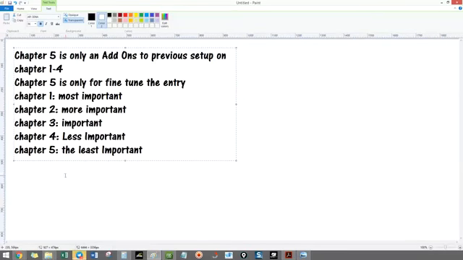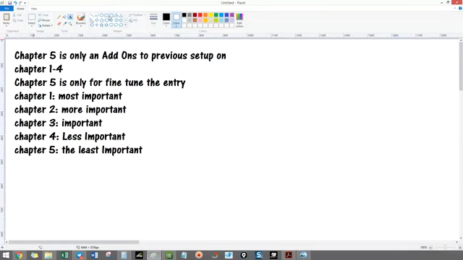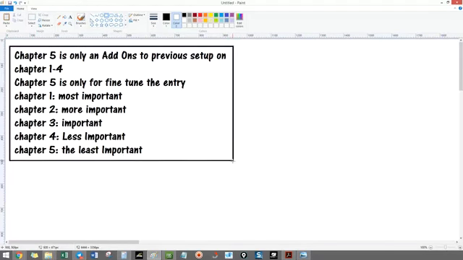So actually, this one is the thing that you already learned. Chapter 5, during my time where I used a lot of sniper entry, chapter 5 helped me a lot. But now I'm fine with a little bit of float, about 10 pips to 15 pips.